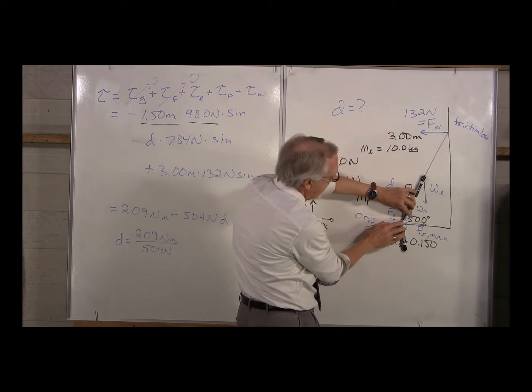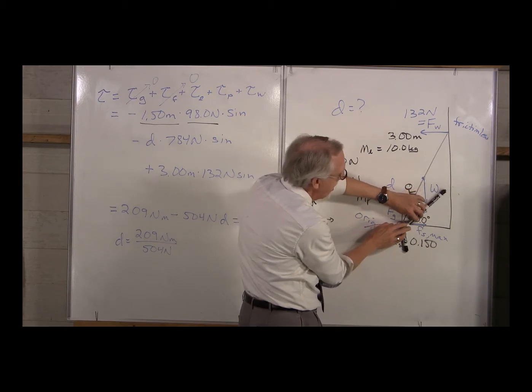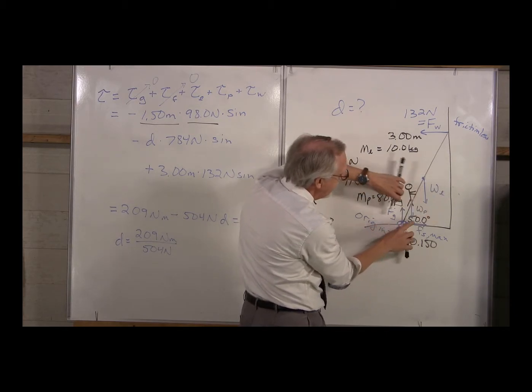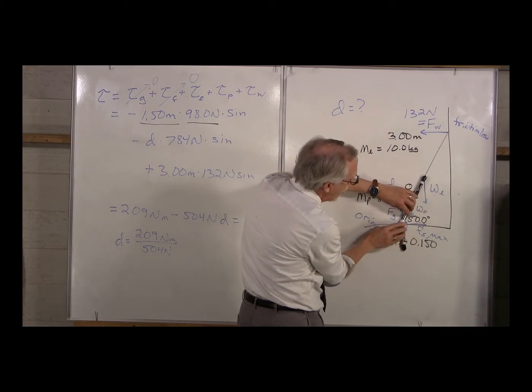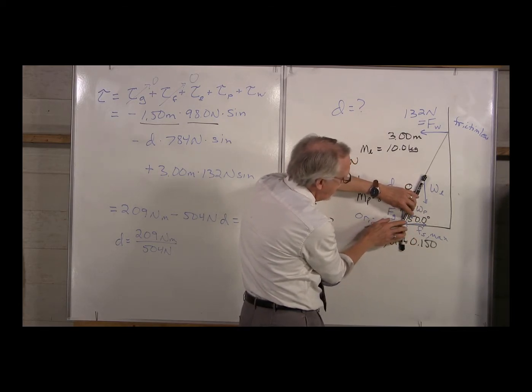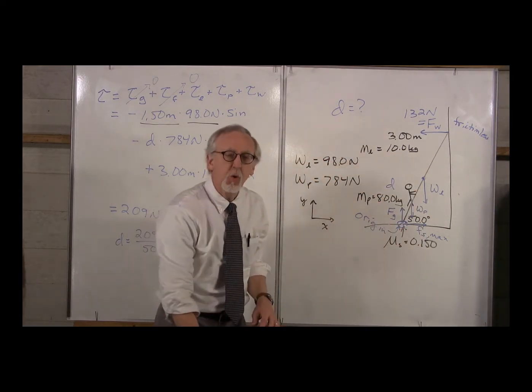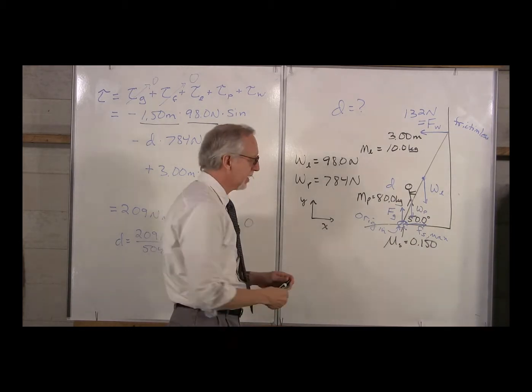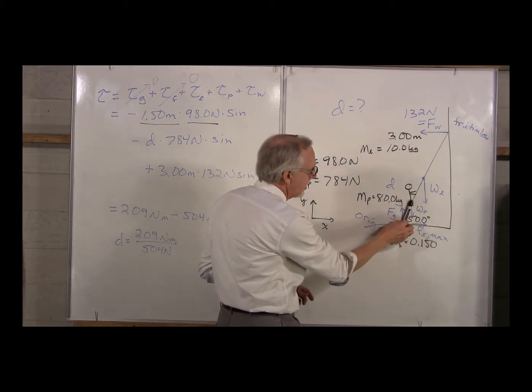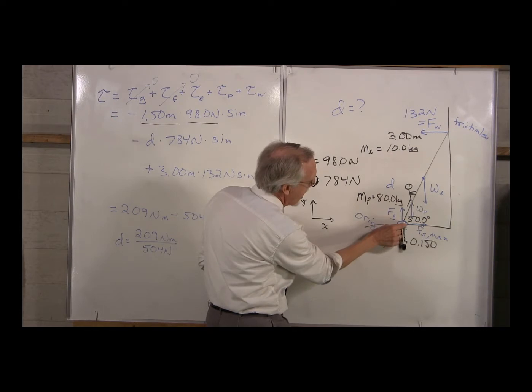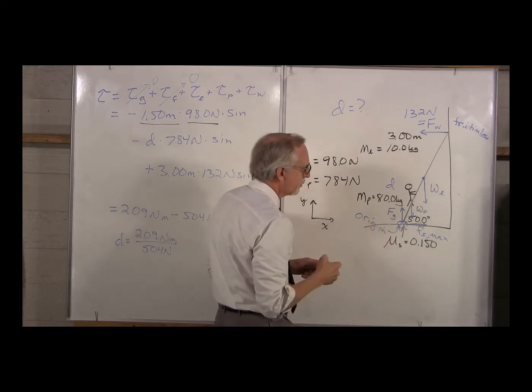Well, what's that? Notice that the ladder to the ground is 50 degrees. So what's the angle between R and F? It's 50 plus 90. It's 140 degrees. The angle between R and F, which is straight down.